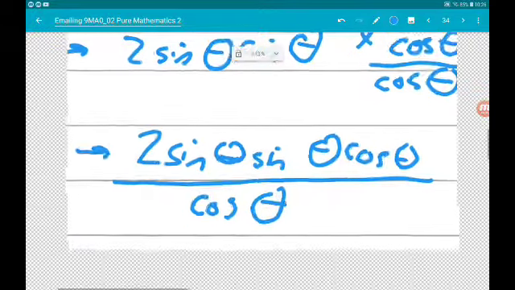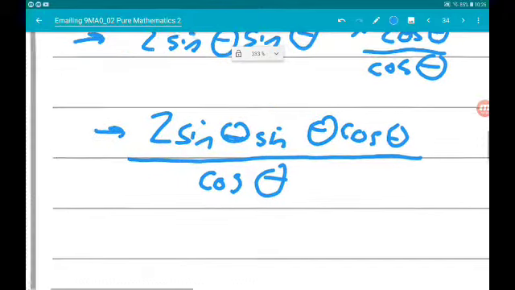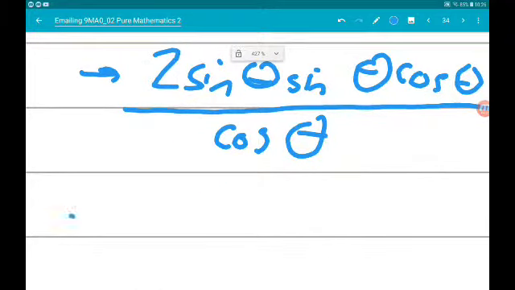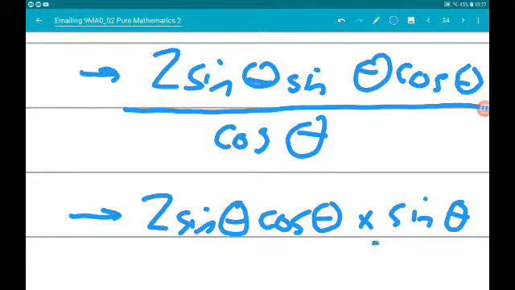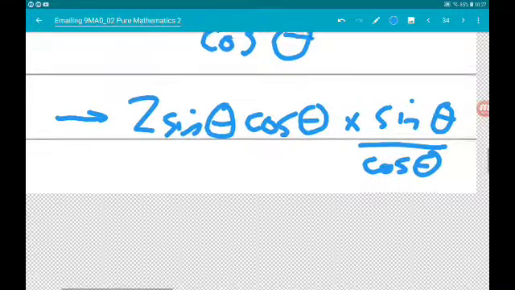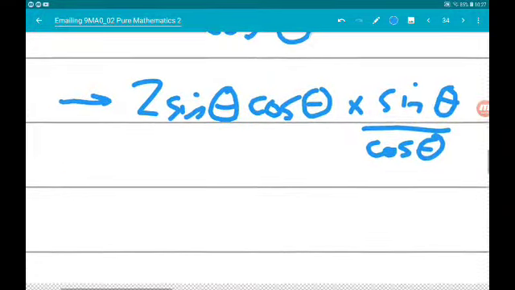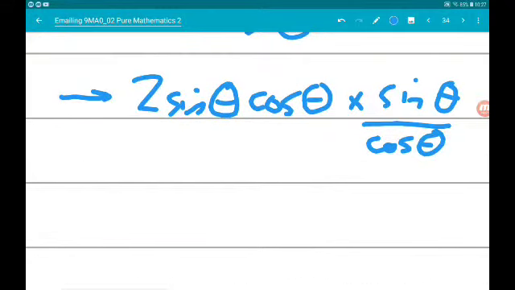Now, we can say then that we've got 2 sine theta cos theta times sine theta over cos theta. And then, as if by magic, we have our identity.